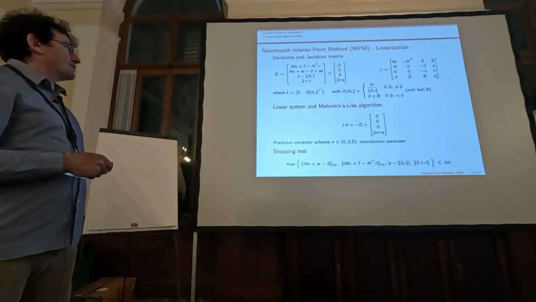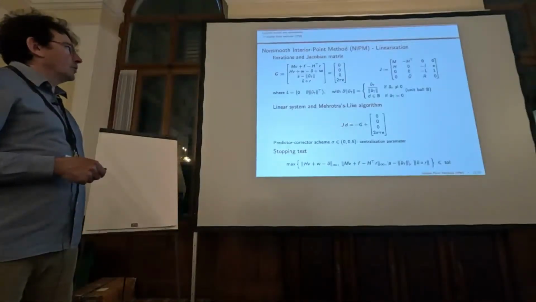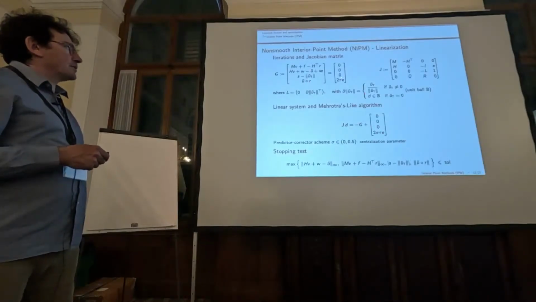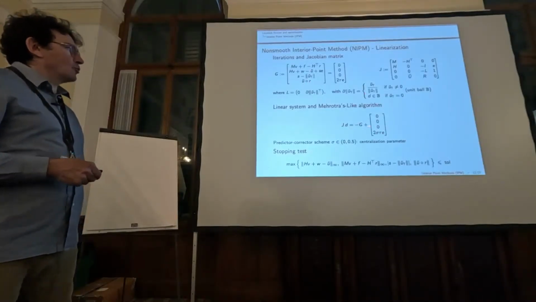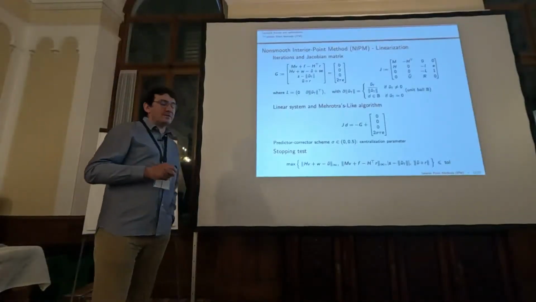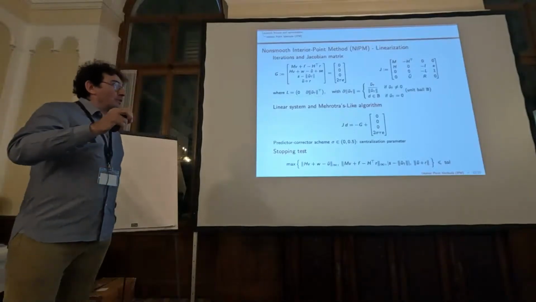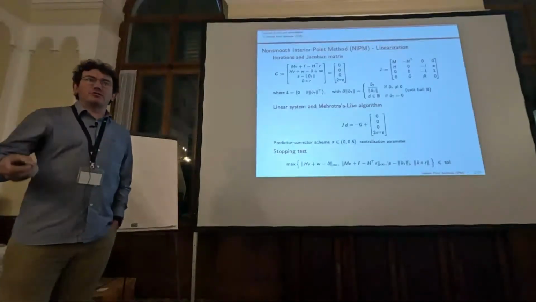We solve these systems with a Mehrotra-like algorithm. We have to solve for a direction D, G of D minus G, the residual, plus this term that is here, equal to 0. So at each iteration of the algorithm, we solve these linear systems, iterate like in the Newton method, then we update tau, and we continue like that.